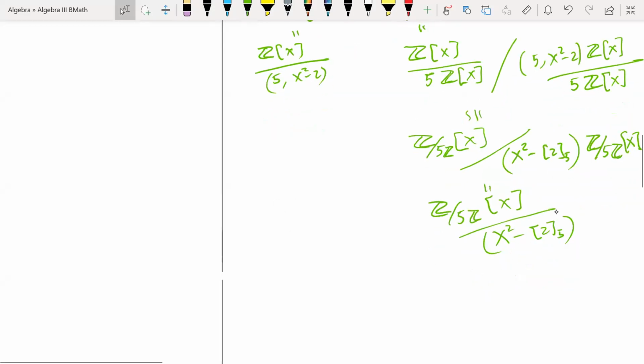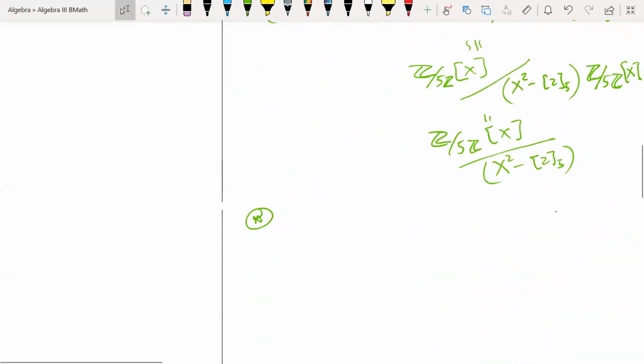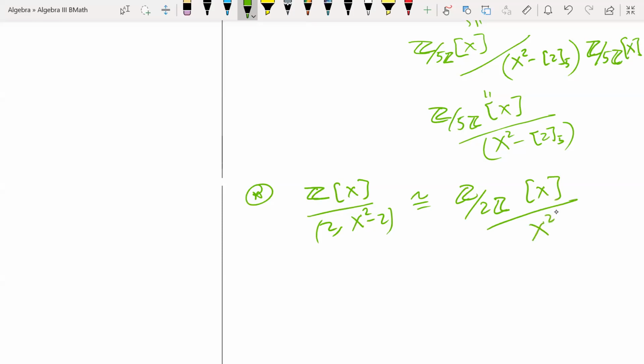Since I'm talking about it, let me say what I was discussing. Z[x] mod x square minus 2 is similarly isomorphic to Z mod 2 [x] mod x square.